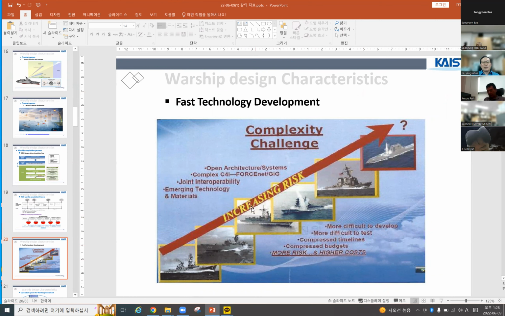As you see, emerging technology, joint interoperability, ship-wide and open architecture systems, and so on. From the past to these days, many things have changed. So toward the right-hand side, more risk and higher cost are needed.